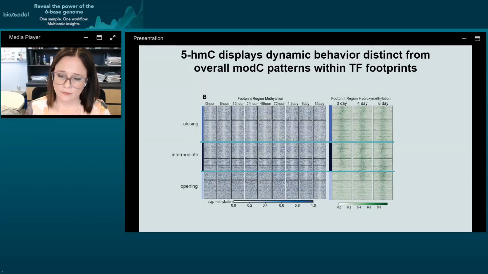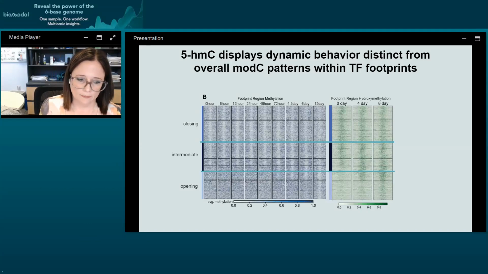And it was really nice to be able to observe hydroxymethylation also in these regions, where you get a gain in hydroxymethylation that sort of lingers around the regions that are becoming and remain hypomethylated.